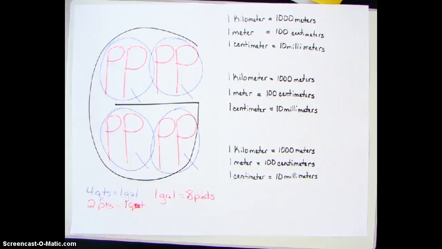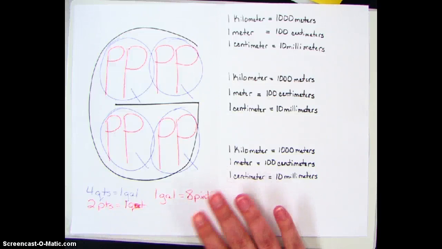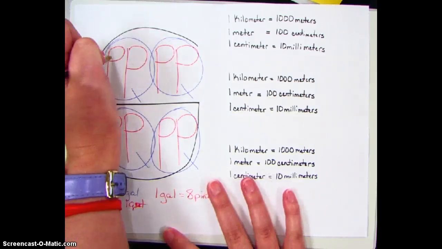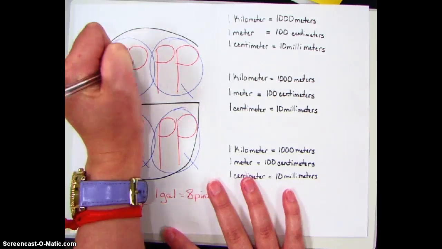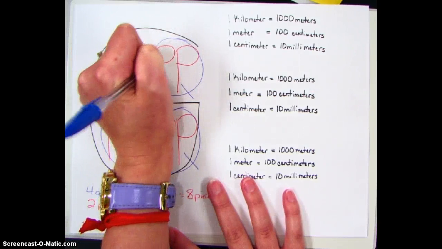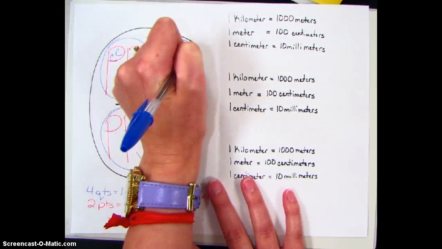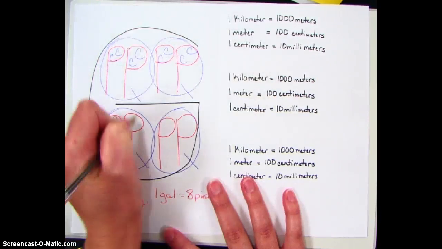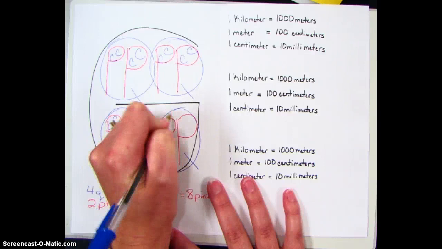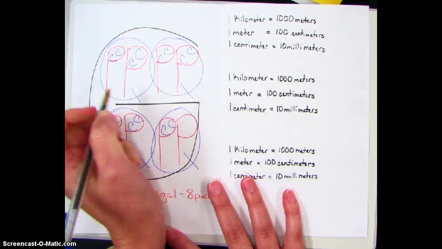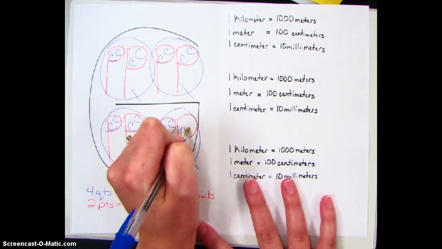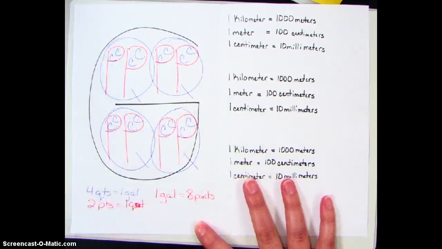The next conversion that we learn is that there are 2 cups in every pint. So we're going to draw 2 C's inside of each one of these P's. And as we're doing this, it will not only show us how many cups are in a pint, it will show us how many cups are in a quart, and how many cups are in a gallon.